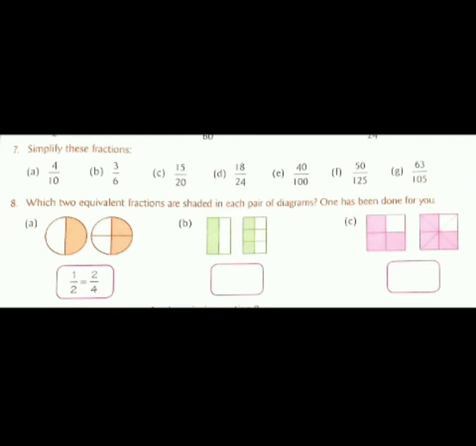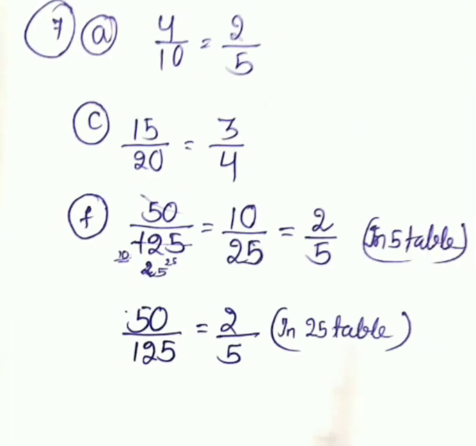Now students, see question number 7. Simplify these fractions: 4 by 10, 3 by 6, 15 by 20, 18 by 24, 40 by 100, 50 by 125, 63 by 125. So, you have to do it by division or by the cancel out method, okay?